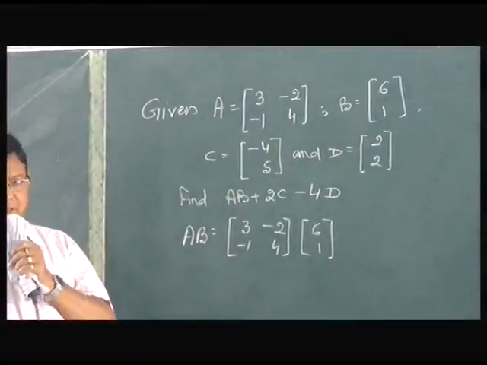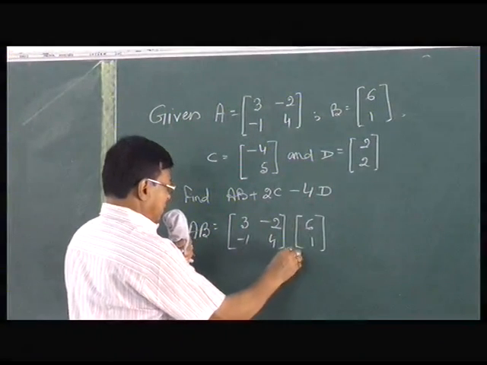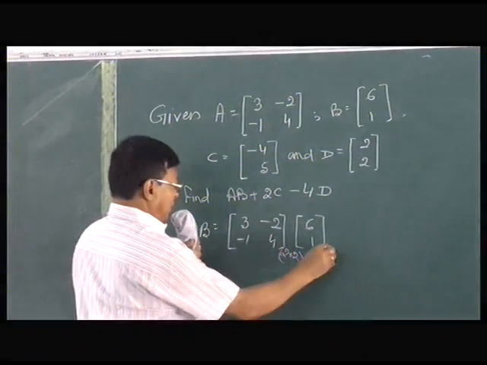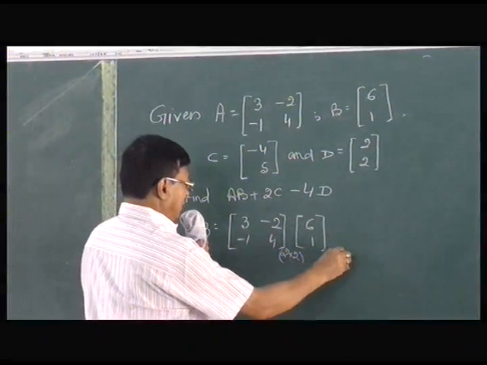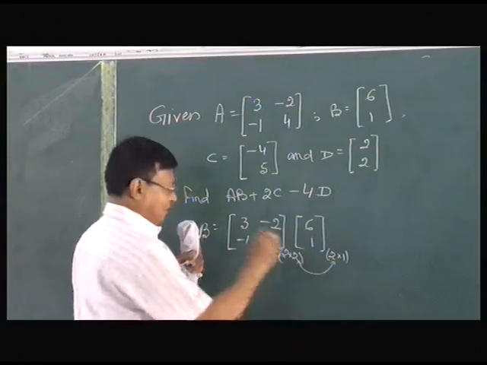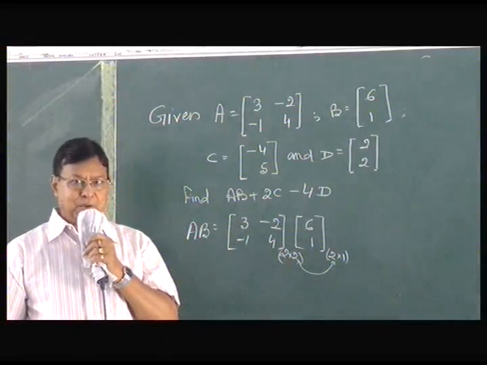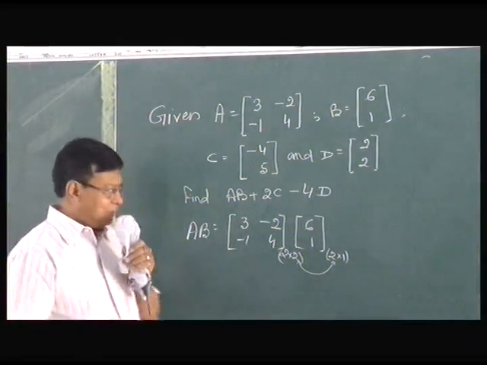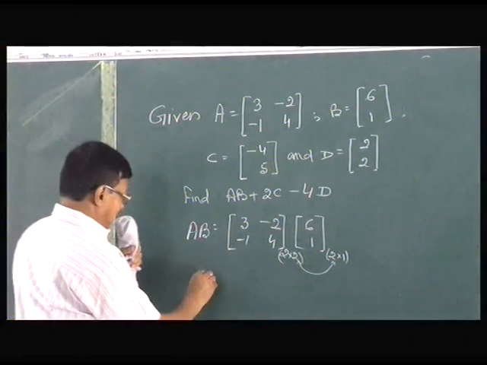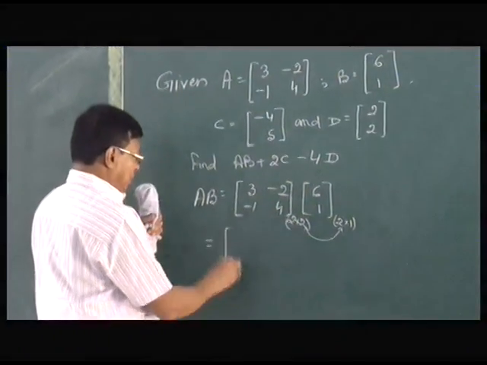So multiplying A with B, order of A is 2 by 2, order of B is 2 by 1. Number of columns in A is equal to number of rows in B. So to multiply, multiplying each row with each column, there is only one column.